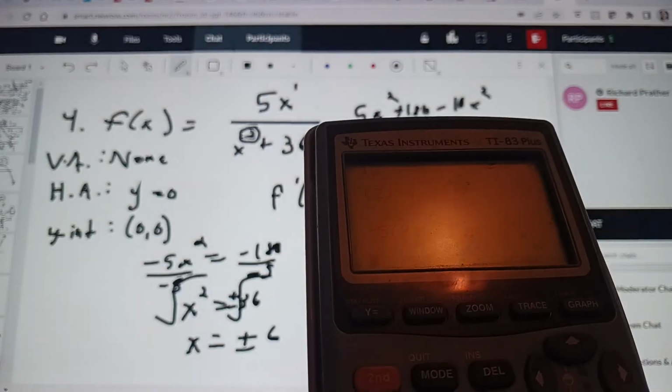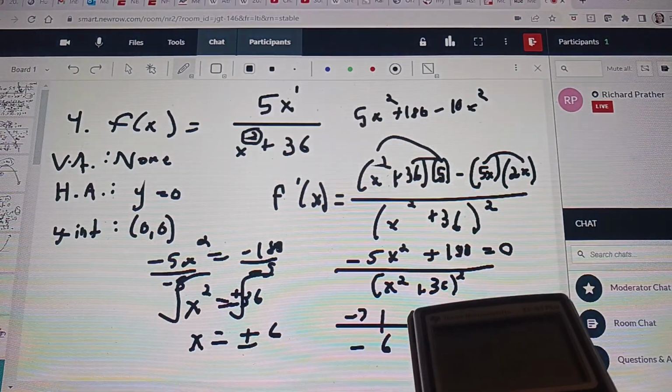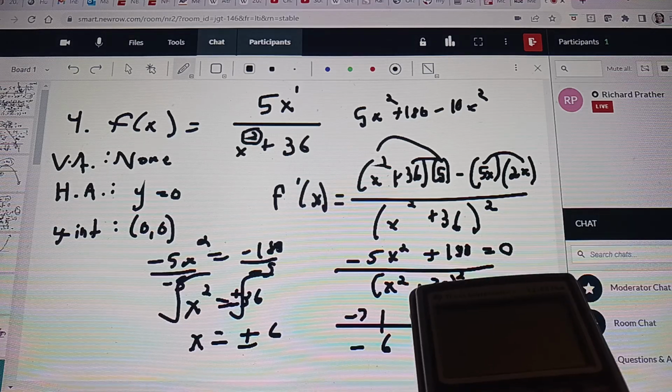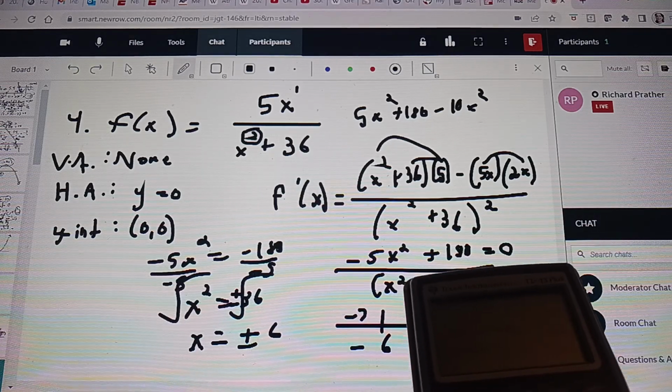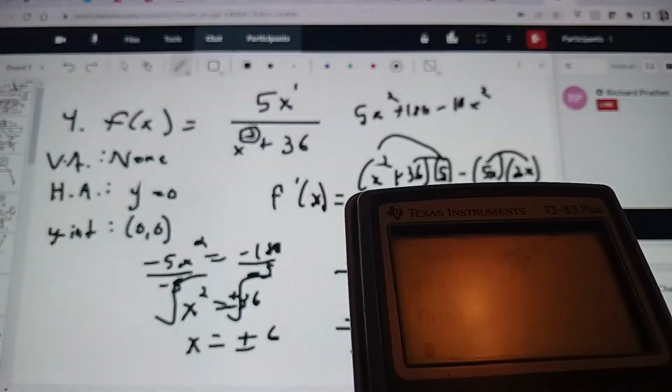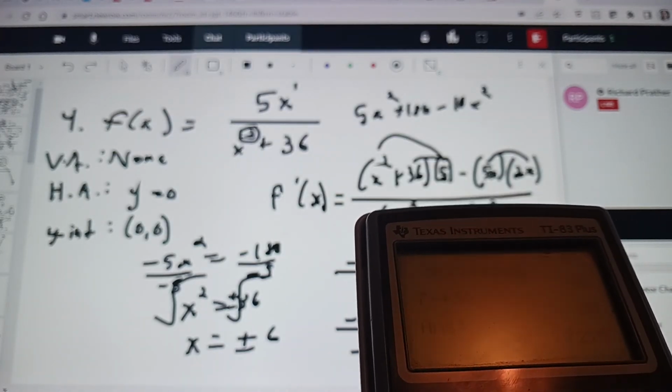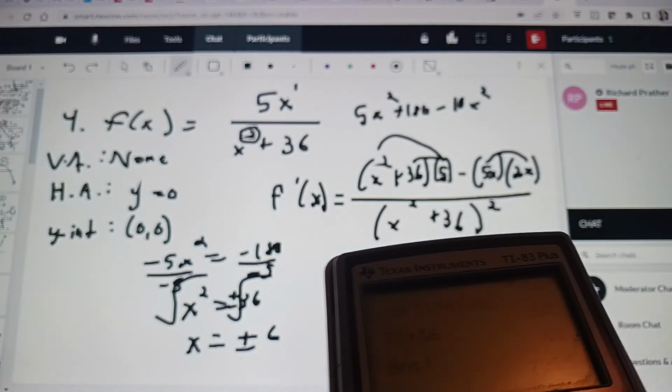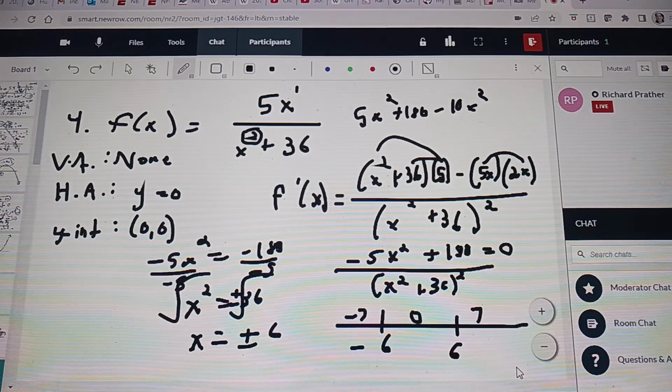The numerator is -65. The denominator would be 7 squared plus 36, and then you square that. So it's -65 divided by 7225. That's negative for sure. So the first derivative is negative for anything less than -6 or greater than 6.